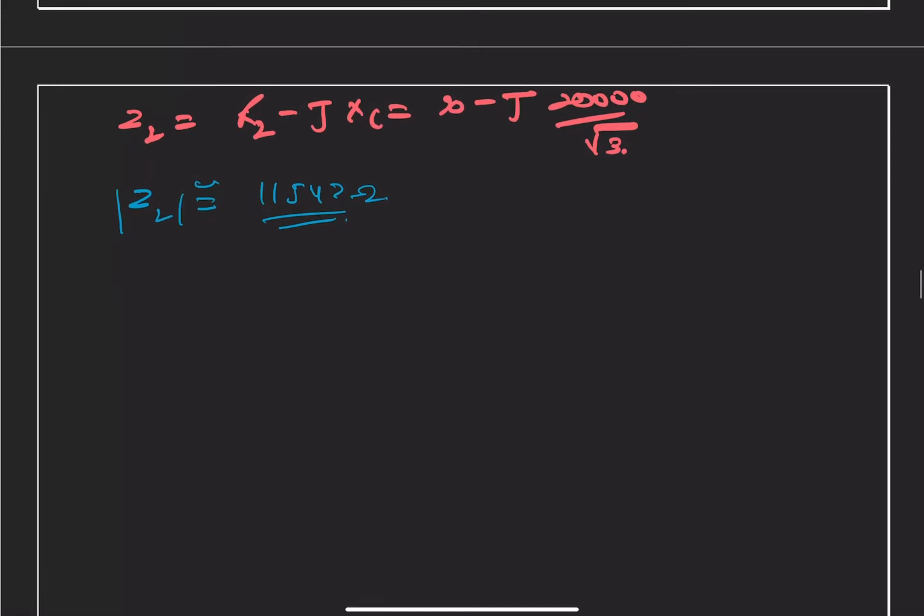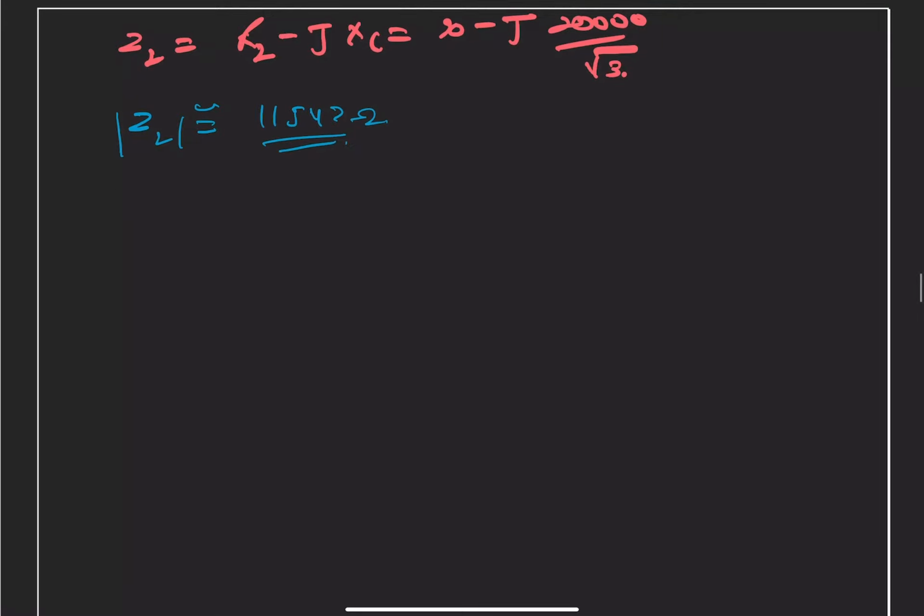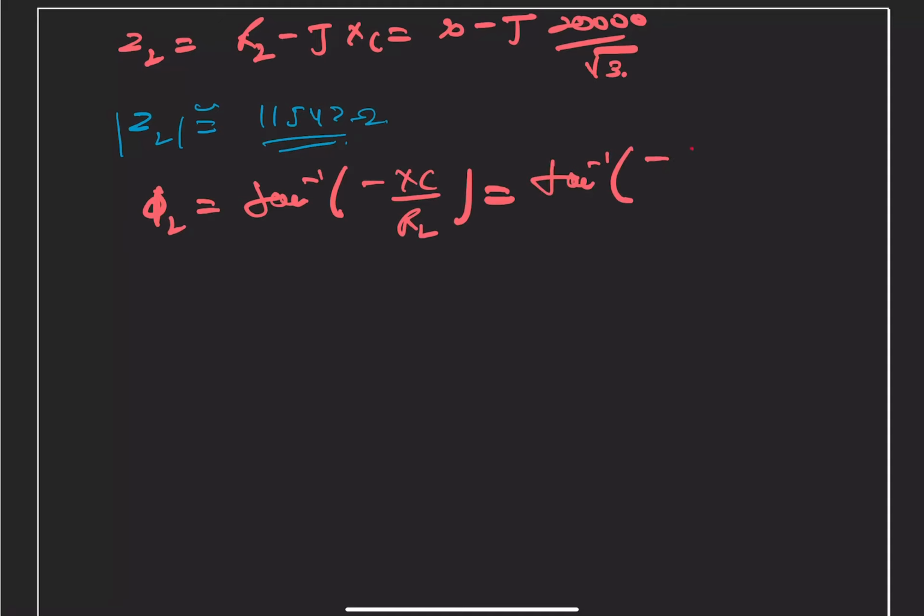Finally, we can find phi2, the phase angle, which will be equal to tan inverse of minus XC upon R2. We substitute the values and get tan inverse of minus 20,000 divided by √3, divided by 20.